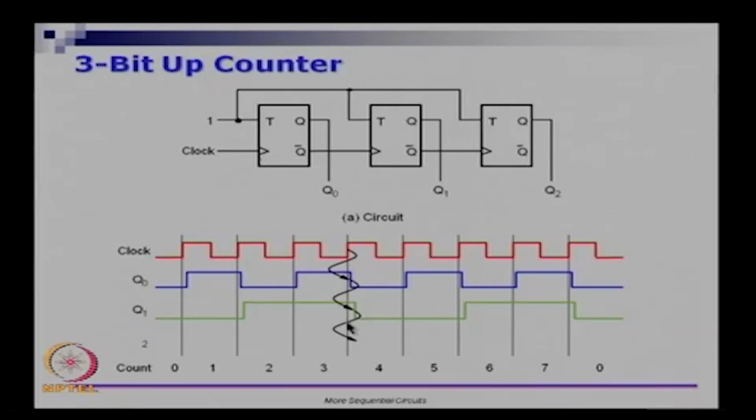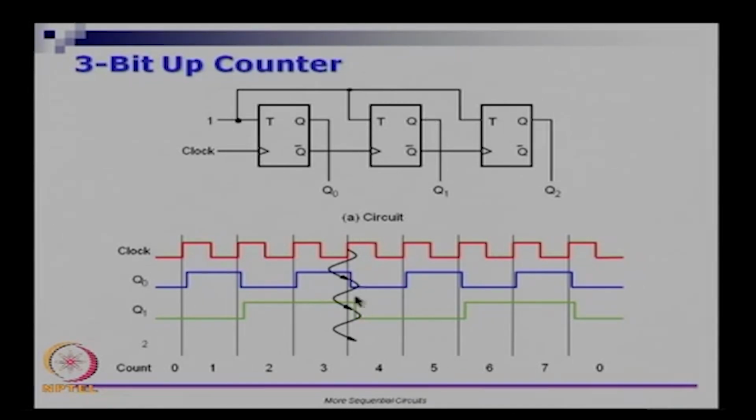Now if you look at what time Q1 is toggling, clock toggles Q0, Q0 in turn toggles Q1. So there is a definite time period between the flip flop Q1's clock input and its output. It is the clock to Q delay of this flip flop.